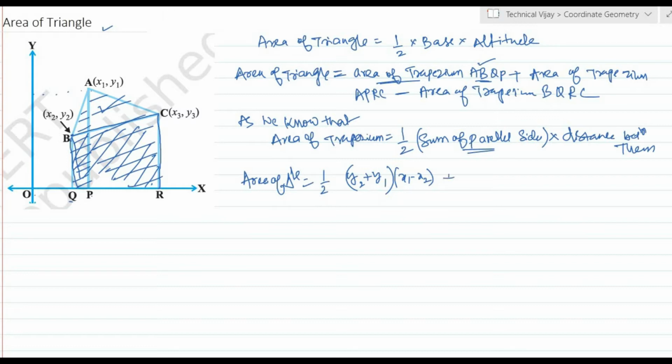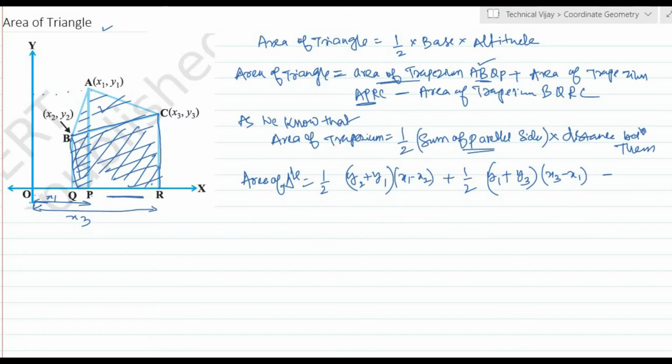In the same way we can substitute the area of trapezium APRC: half of y1 plus y3, the vertical sides, into the distance between them, PR. PR is x3 minus x1.